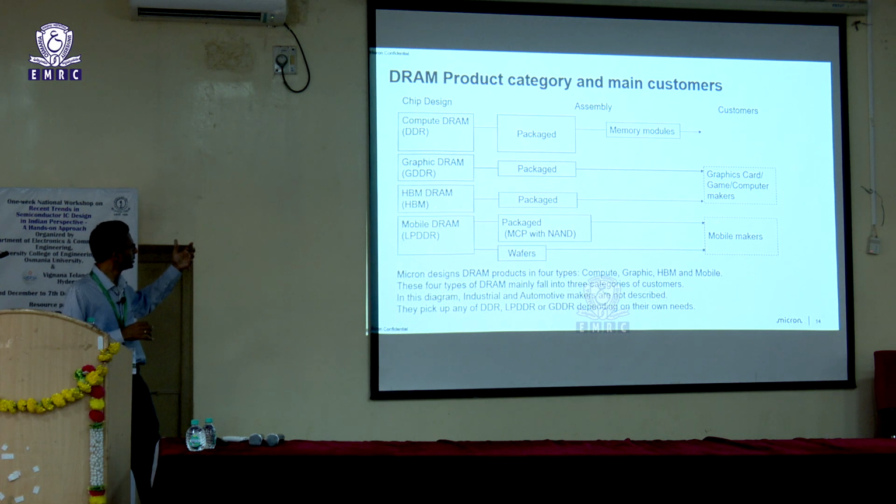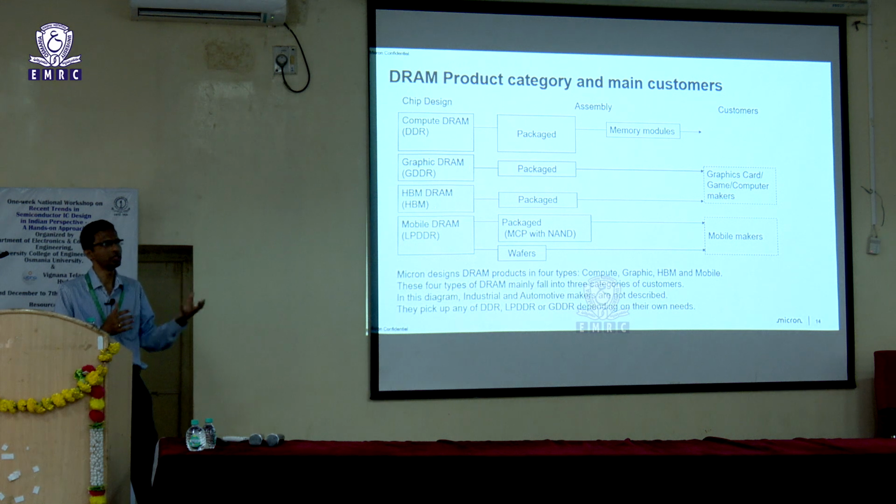The next thing, which has emerged very recently, is called HBM DRAM, high bandwidth memory. Of late you might have heard this buzzword, generative AI, ChatGPT and so on. What does this do as compared to your conventional search engines? Now you are able to generate data as opposed to just doing a brute force search.